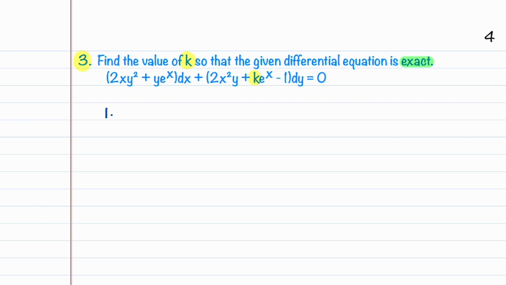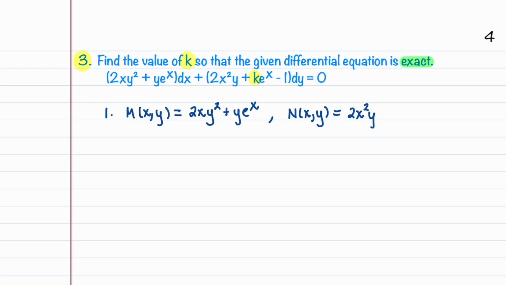So let's start by assigning M of x y to the expression that multiplies dx, and that's 2xy squared plus y e to the x. And then we're going to let N of x y, just like we did when we solved our exact equations, be the expression that multiplies dy.